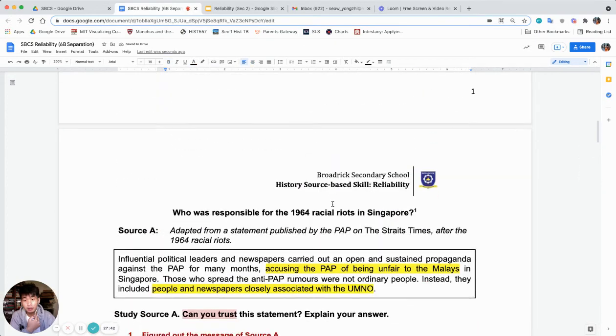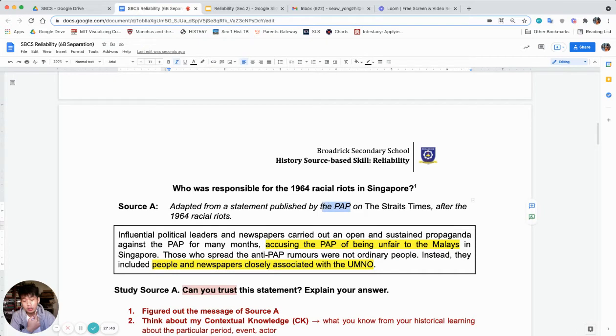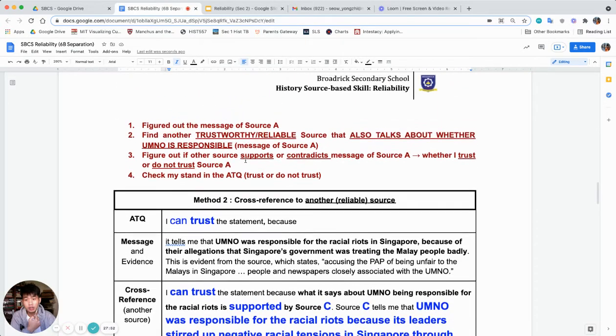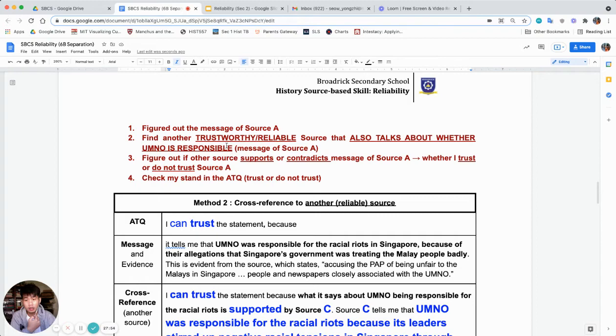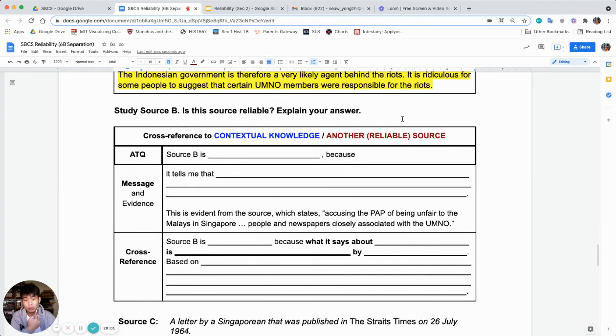By the PAP. Source A itself might have an agenda or a bias, right? And we are talking about choosing a trustworthy source, another trustworthy source. So can I suggest that if you were to do method 2, you will use source C?